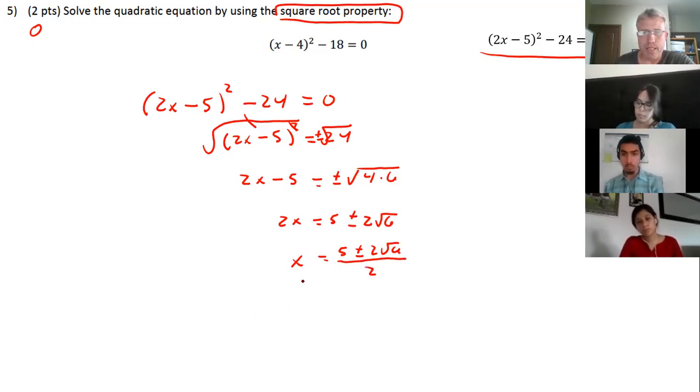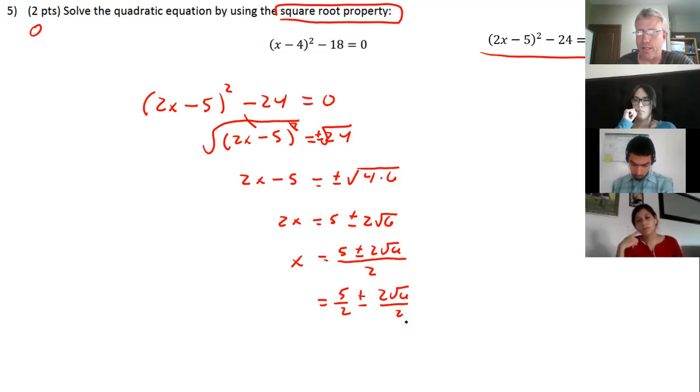And you could break it into the 2 fractions, but it's not a complex number. So you could do this, it would be legit: 5 over the 2 plus or minus 2 square root of 6 over the 2. And in fact, then this simplifies right here. But there's no requirement to write this in any particular form.